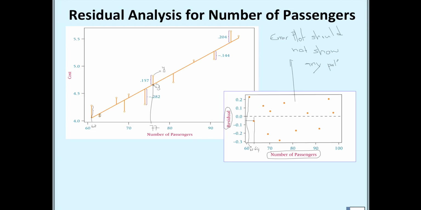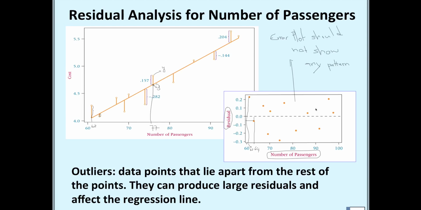Fortunately, in this example, our residual plot doesn't show any pattern. You cannot find a line or a pattern that describes that. And another thing you can see is outliers based on this graph. Outliers are the observations that are far away from general. That means they should have a large residual value. For example, if you had one residual here, it would be so much away from our mean.